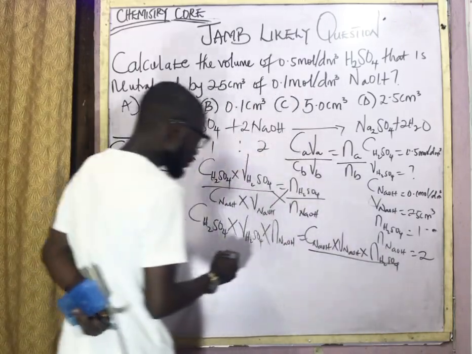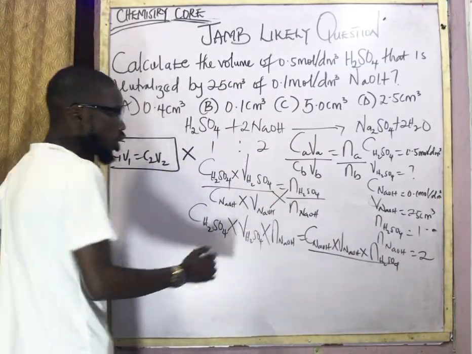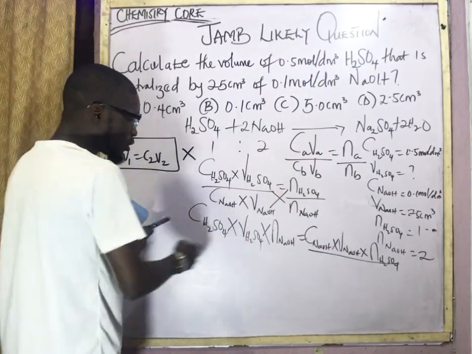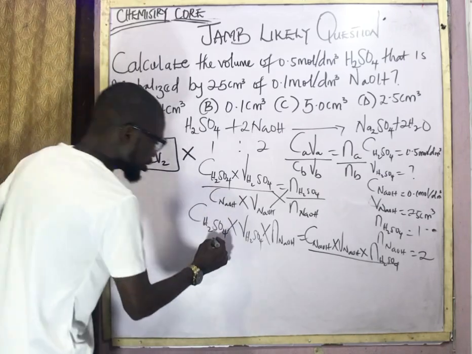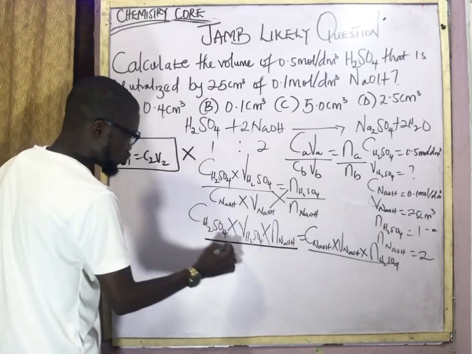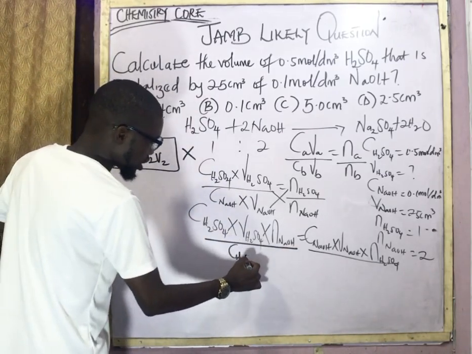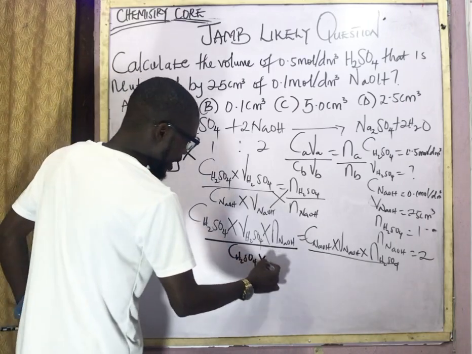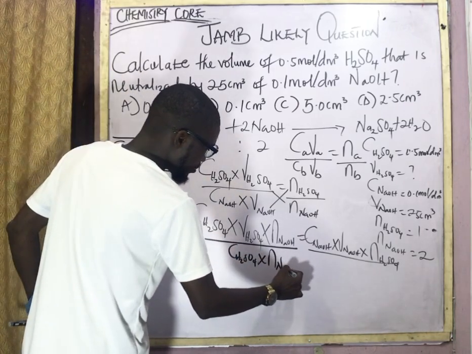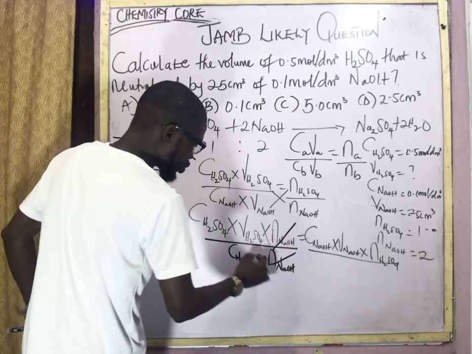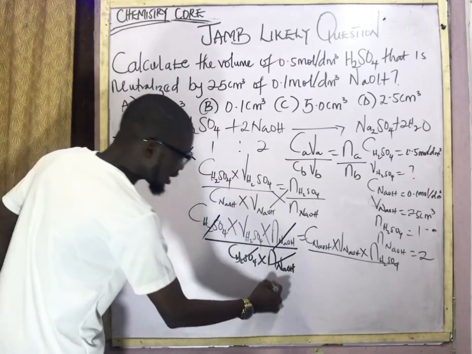Now, what is the coefficient of the volume of the acid? The coefficient is this, CH2SO4 multiplied by the number of base. So this, we cancel this.